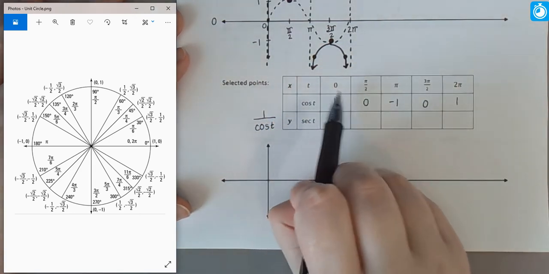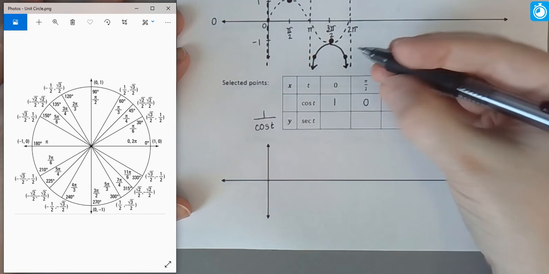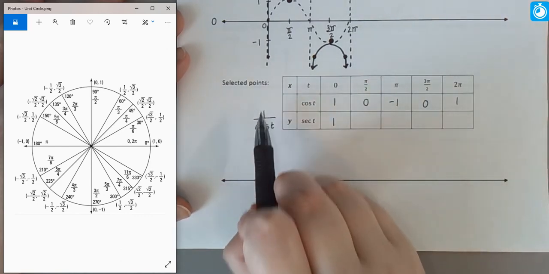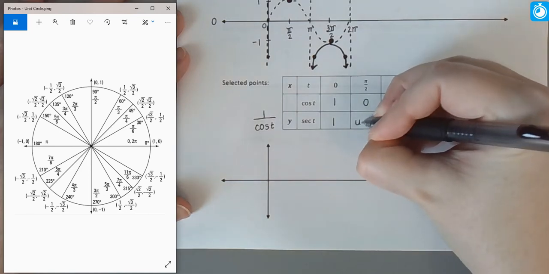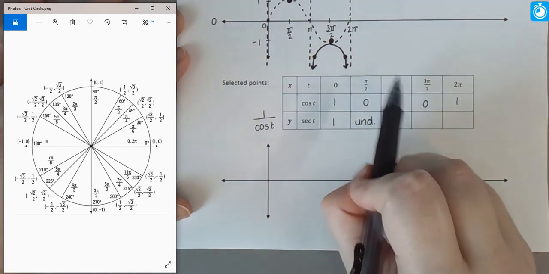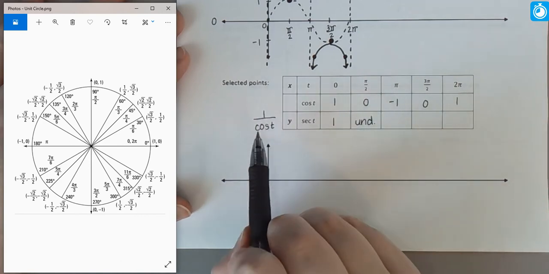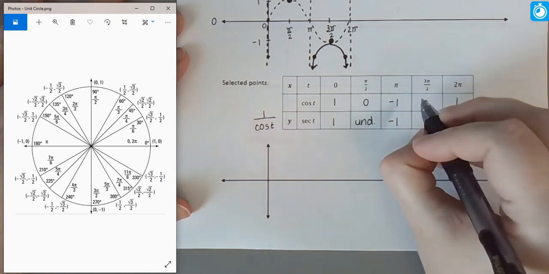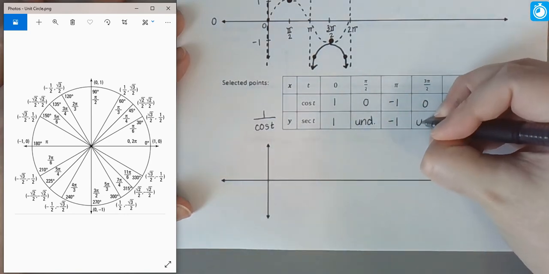So when cosine is 1, 1 over the cosine is going to be 1. When cosine is 0, 1 over the cosine is going to be undefined, so similar to what happened with the cosecant. At pi, when cosine is -1, 1 over -1 is going to be -1. 1 over 0 is going to be undefined again.